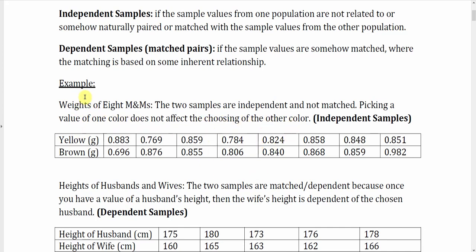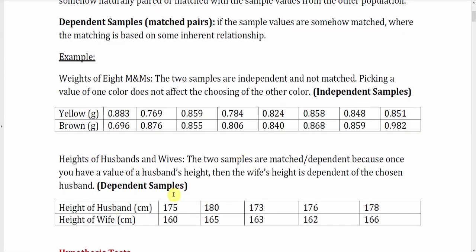So if I pick a random weight for the yellow color, it doesn't matter for the brown one. I just have to pick 8 of them for the yellows and then 8 of them for the brown. So they are completely independent. Picking one weight for one color doesn't affect the value of the other color.